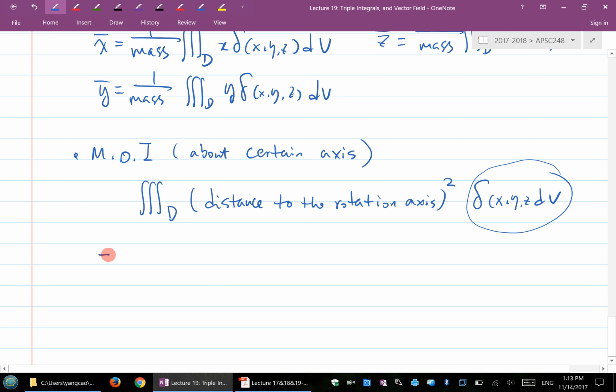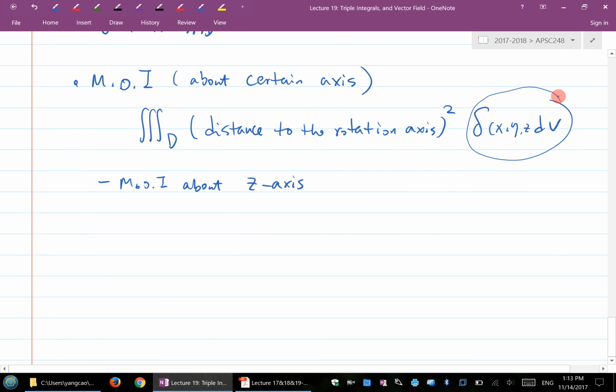There are a few special moments of inertia, of course. For example, the first one here is the moment of inertia about the z-axis. Here is what I mean.